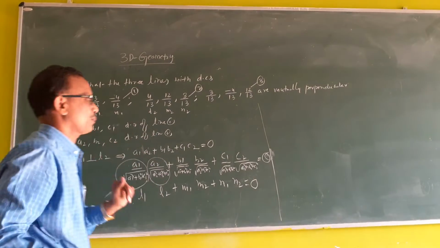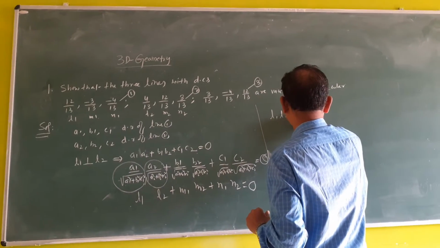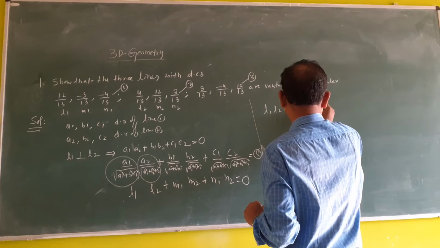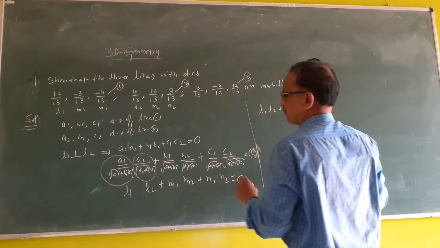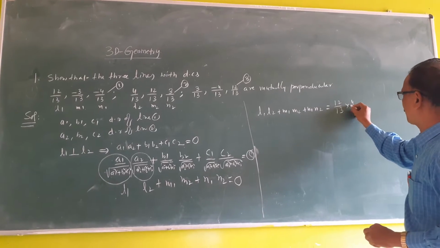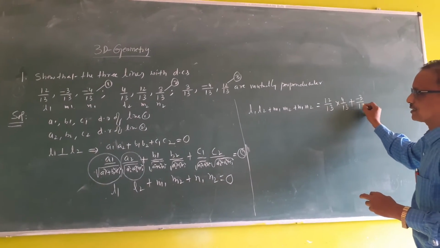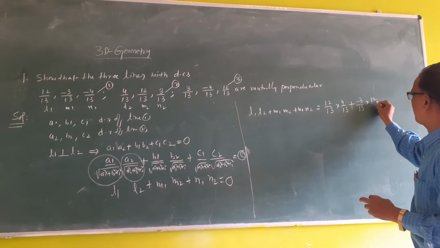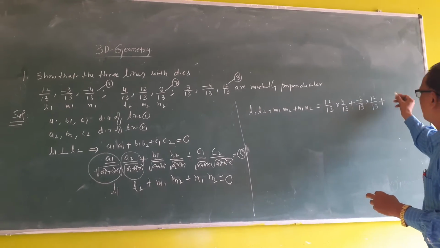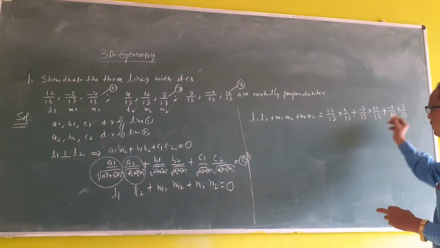Now we take the product: l1 l2 plus m1 m2 plus n1 n2. So what is this value? See, 12 by 13 into 4 by 13, plus minus 3 by 13 into 12 by 13, plus minus 4 by 13 into 3 by 13.